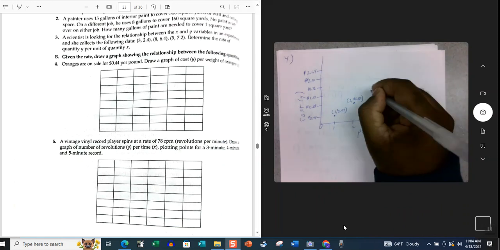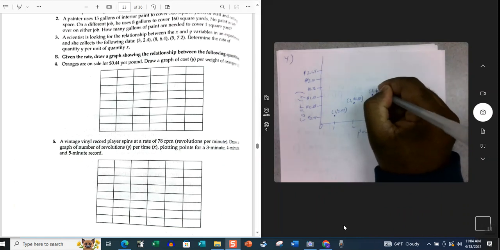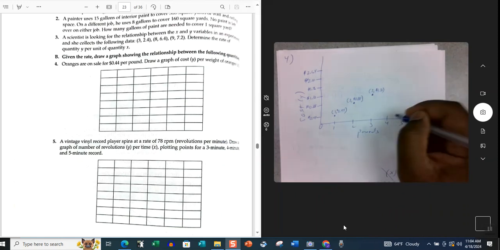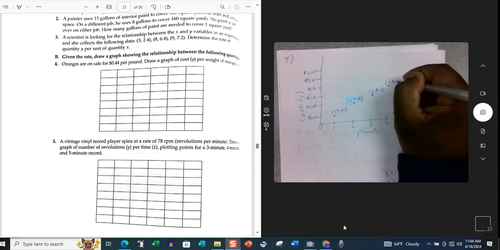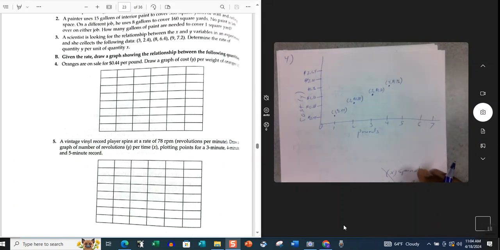Should be here, 3, $1.32. Then 4 pounds, it'll be $1.76. So we have 4, $1.76, and so on. So that will give you a good idea of what this graph is supposed to look like.